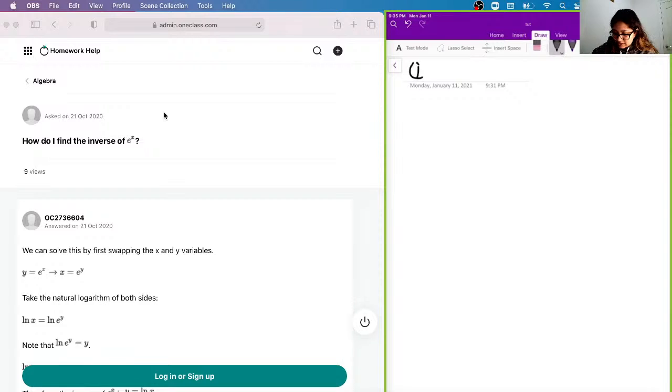So our first question says, how do I find the inverse of e to the power of x? Basically we can solve this by swapping or interchanging the x and y variables. You're just taking the inverse.